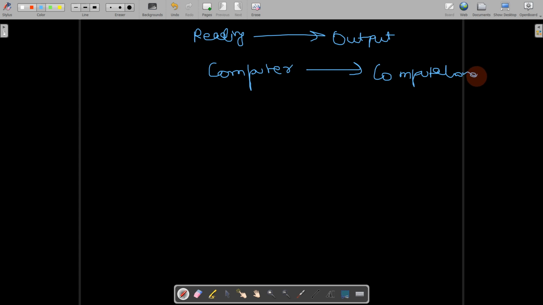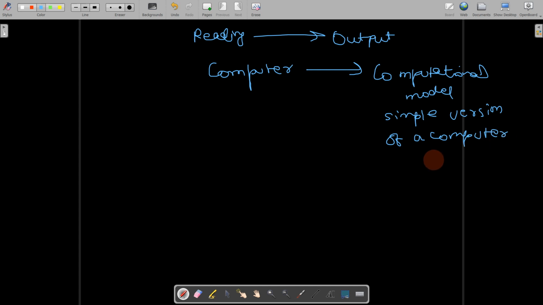Computational model means a simple version of a computer. We represent only the parts of the computer which are necessary to study.